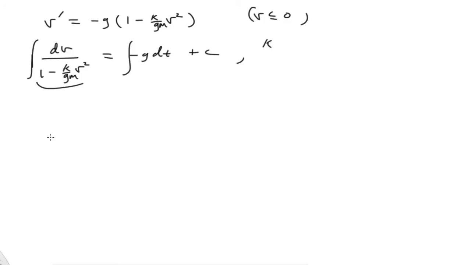All right, so now our k over gm, and of course that coefficient right there was the terminal velocity. So it's actually the inverse terminal velocity for the linear case.